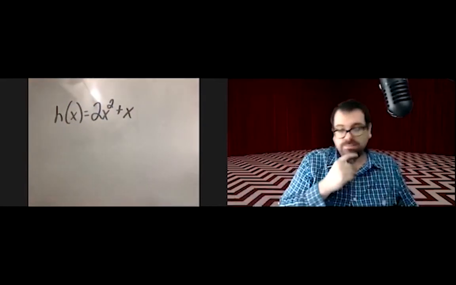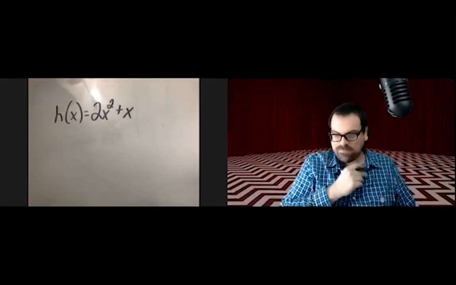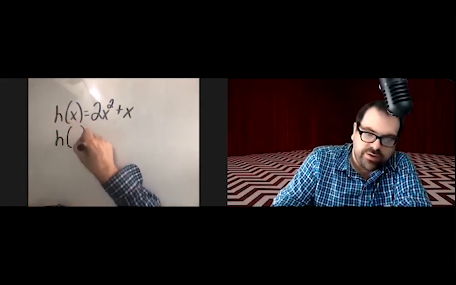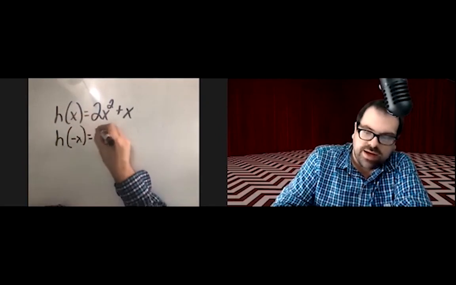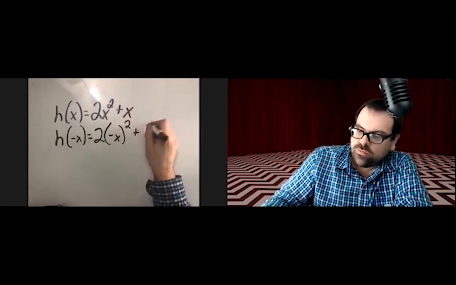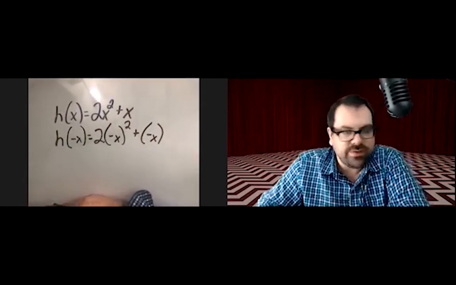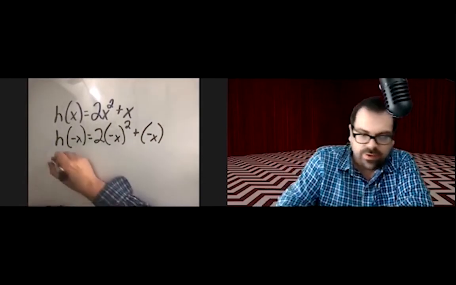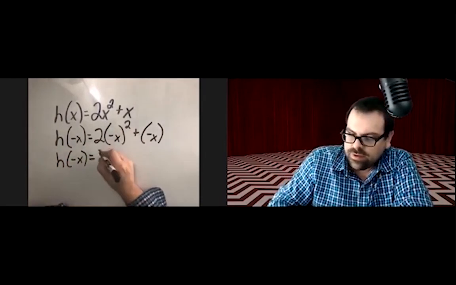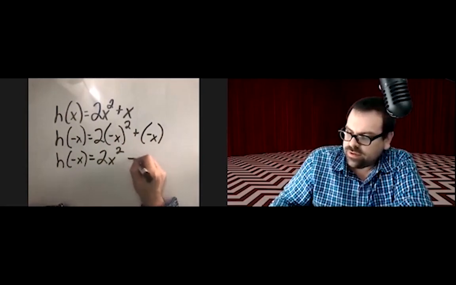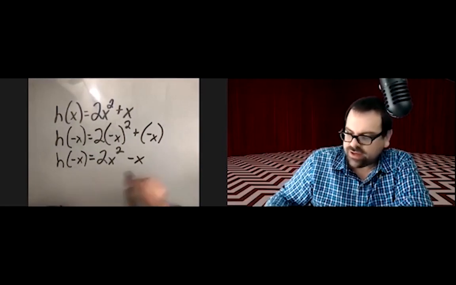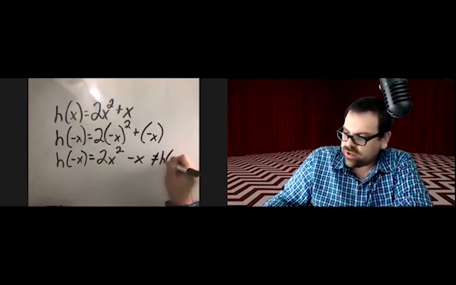Let me show this again. This time using the function notation method, replacing x with negative x. Hopefully this process is sticking for you. So h of negative x, we're going to go positive, negative, not the same. H of negative x is not equal to the original function.